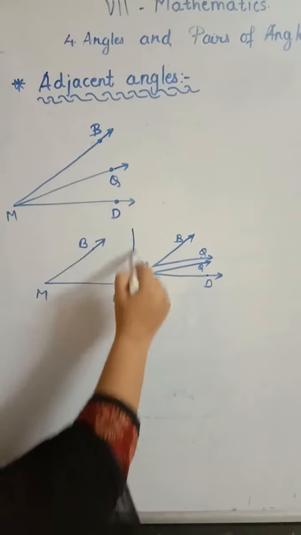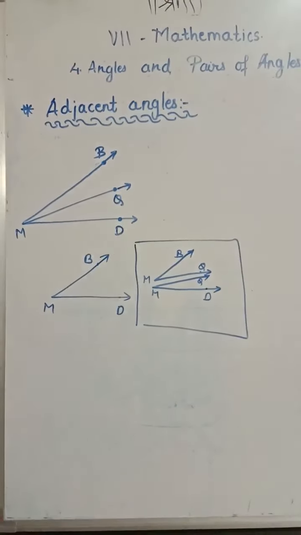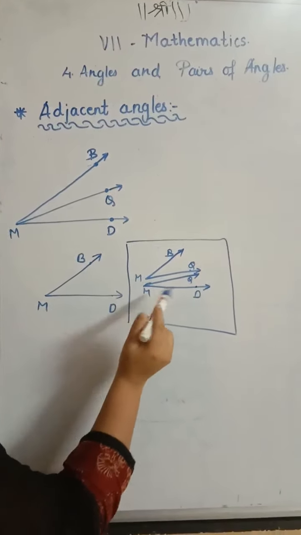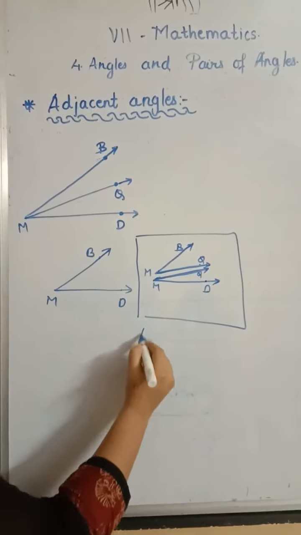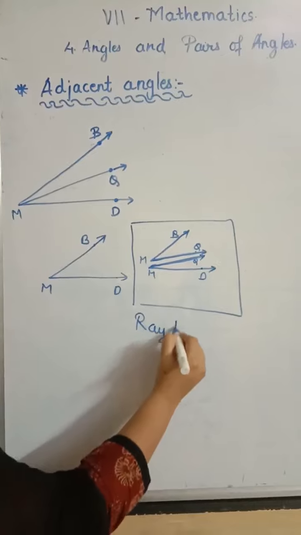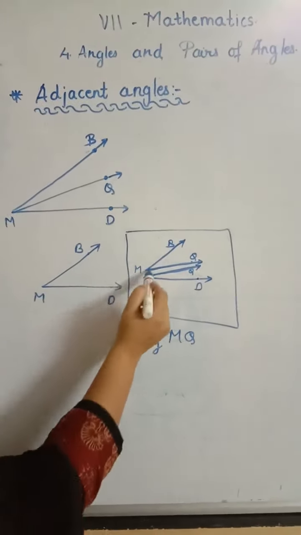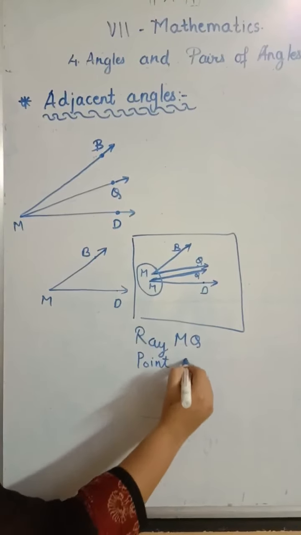Now just look at this figure. What is common in these two angles? Yes, this ray NQ. So what is common? Ray NQ. And what else is common in these two? Yes, point M is common.